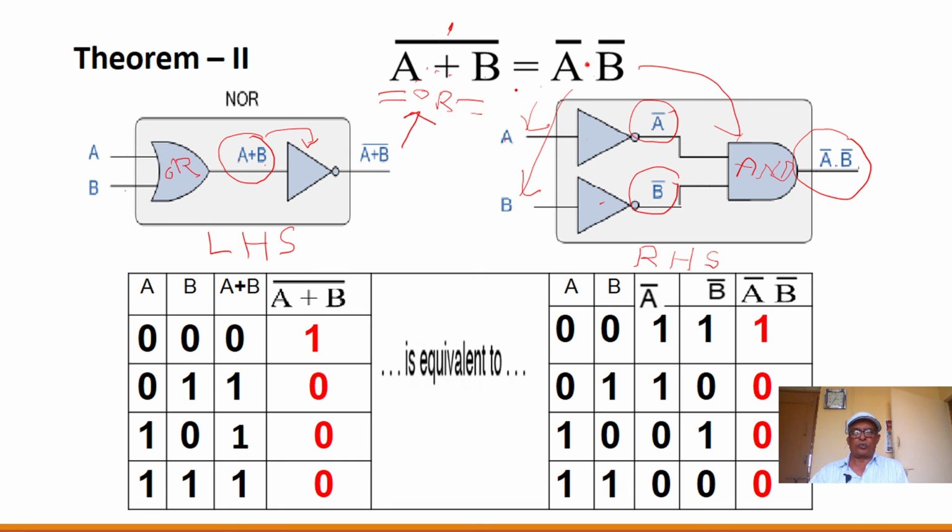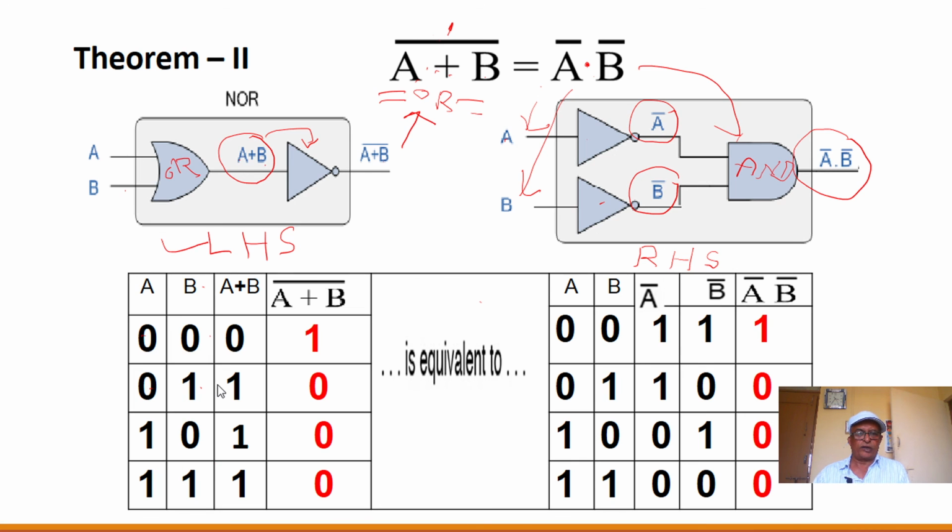Then to prove this theorem, again we will consider the truth table. So let us first consider the truth table for this LHS. We start from the inputs A, B and take all possible combinations 0, 0, 0, 1, 1, 0 and 1, 1.